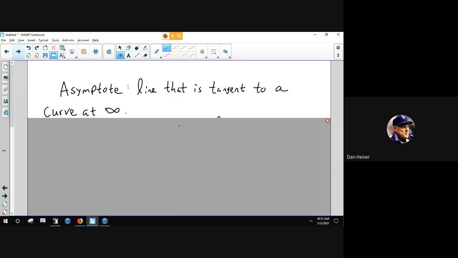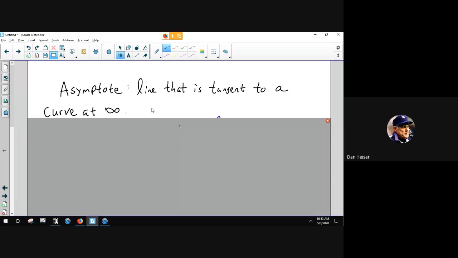An asymptote is a line that's going to touch a curve at infinity. It's a fancy way of saying we will never get there because we can never get to infinity. But as we get closer and closer and closer, an asymptote gets closer and closer to the curve.